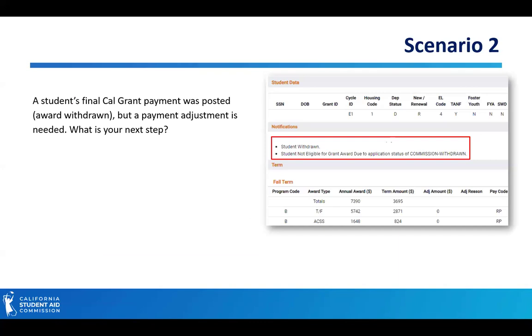Scenario 2. A student's final Cal Grant payment was posted, but we need to make an adjustment because we've done some work and found out that was the incorrect payment amount. What should we do?